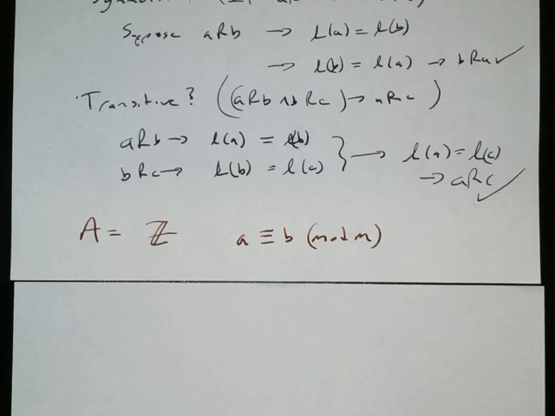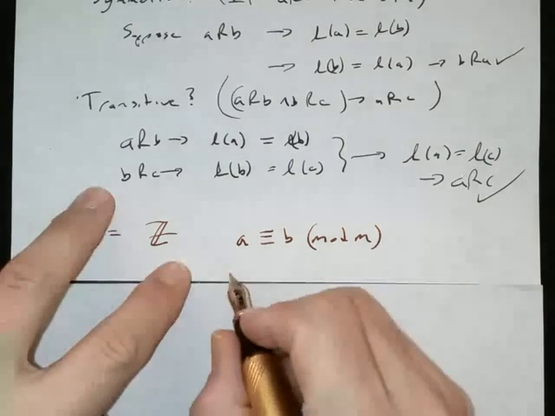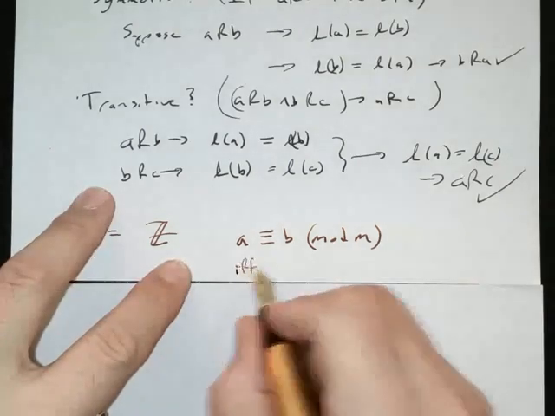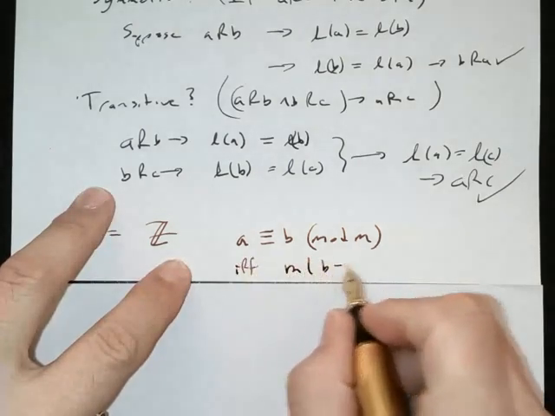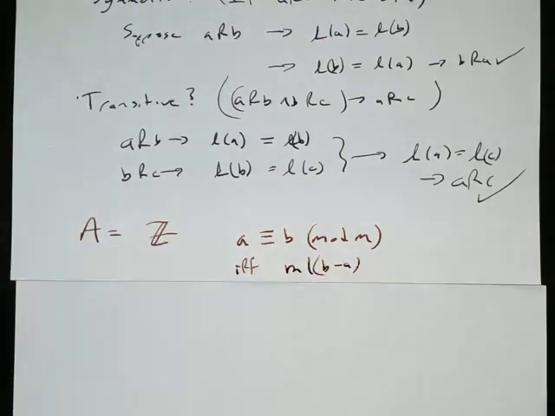You took the exam that this was on. What's that mean? A is congruent to B mod M. A is equivalent to B mod M. How do I know if two numbers are equivalent? And checking for what? That's exactly the definition. I can write it as A minus B or B minus A, it doesn't matter.